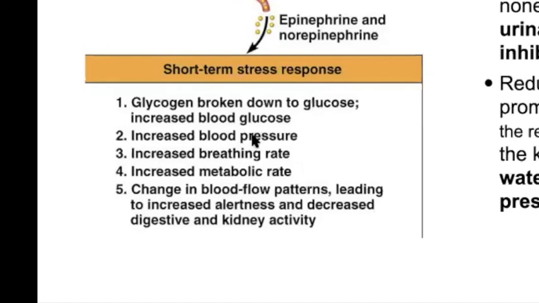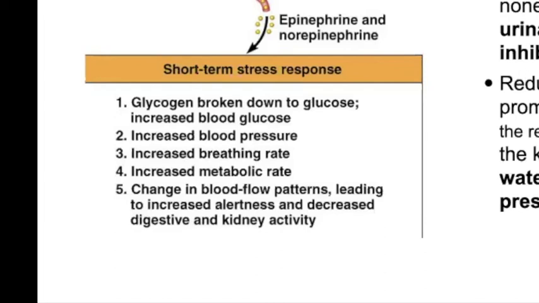You want to increase your blood pressure, particularly directing it toward the muscles. You're going to increase oxygen, and increase the metabolic rate to get that ATP making. And you're going to change the blood flow patterns to your brain and your muscles, and away from all those things you don't need at this moment.